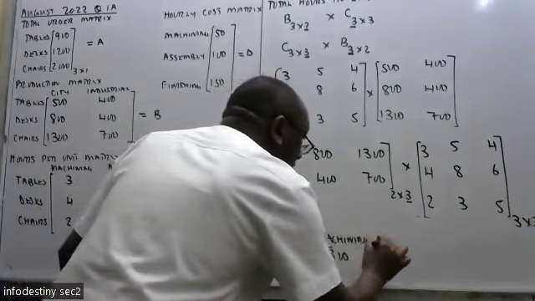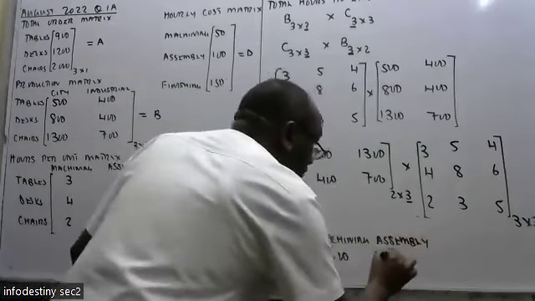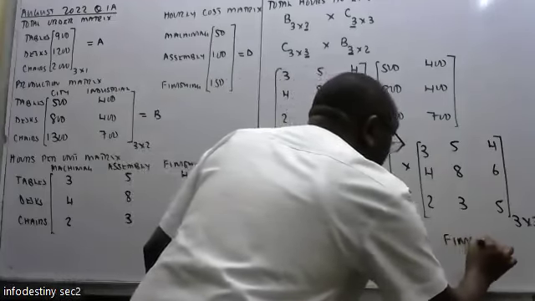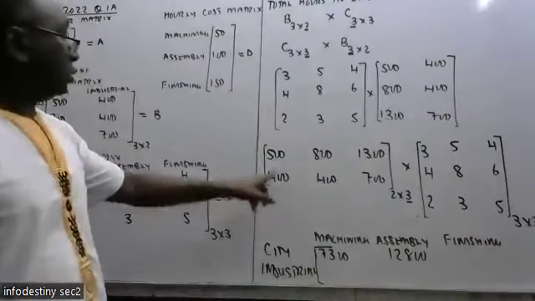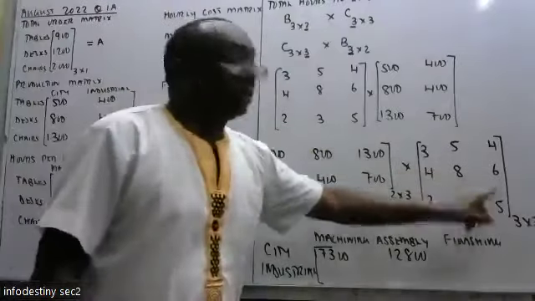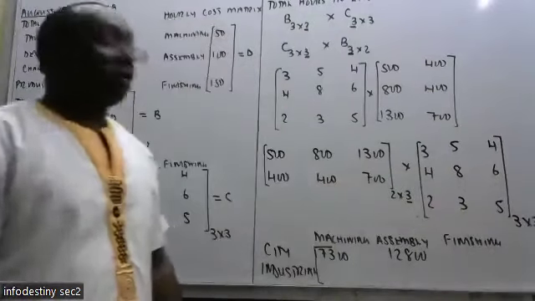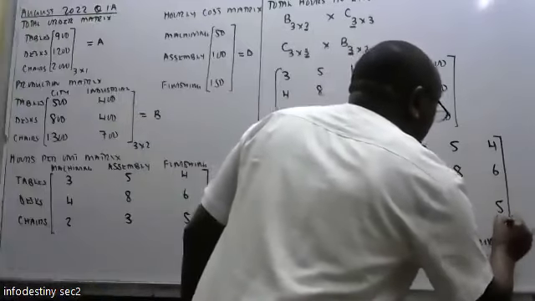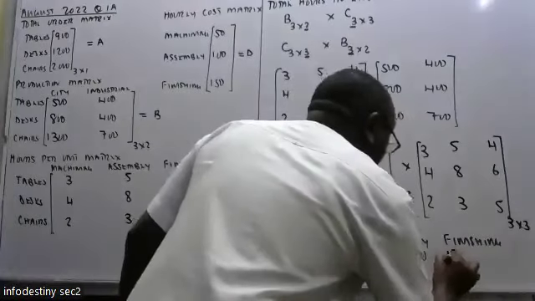Huyu mwingine ni assembly. Assembly umesema umepata 12,800. Twende kwa finishing. I'm doing it so that those online can be able to have a full clear. So 500 times 4 plus 800 times 6 plus 1300 times 5. Umesema? 13,300.